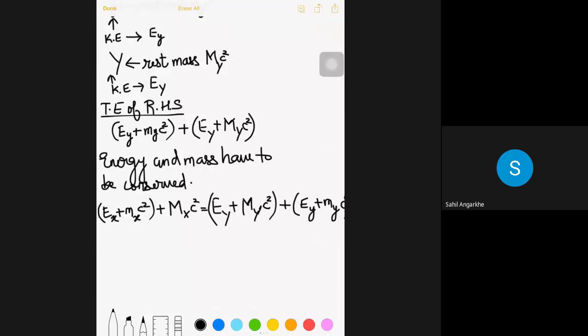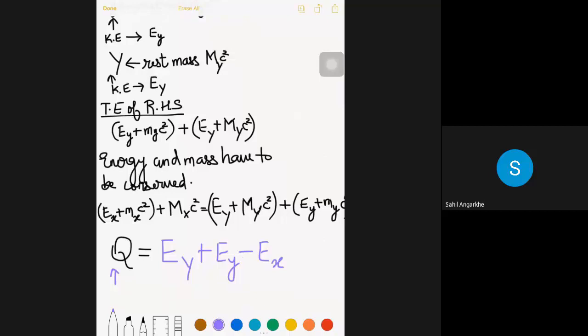We give it a name, Q, and it is equal to the change in the kinetic energies, where E capital Y is the kinetic energy of the residual nucleus, E small y is the kinetic energy of the ejectile, and E small x is the kinetic energy of the projectile.